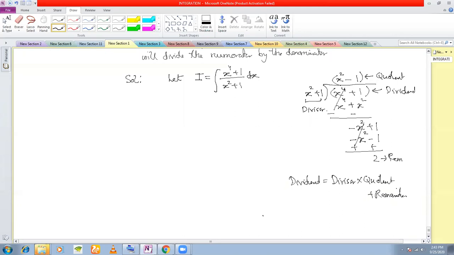So therefore, x to the power of 4 plus 1 can be written as divisor (x square plus 1) into quotient (x square minus 1) plus remainder 2.